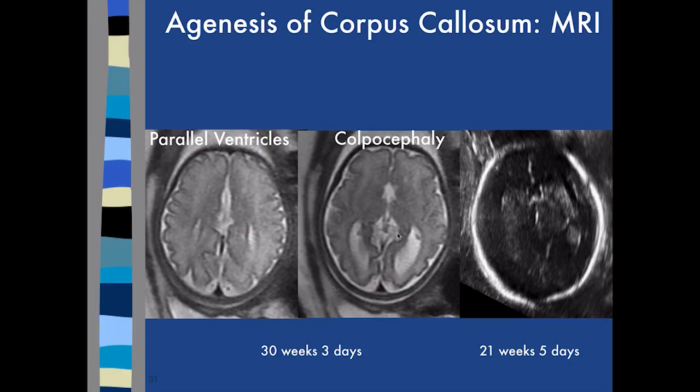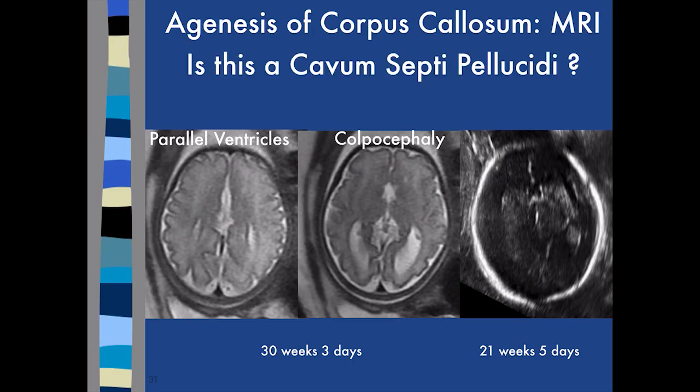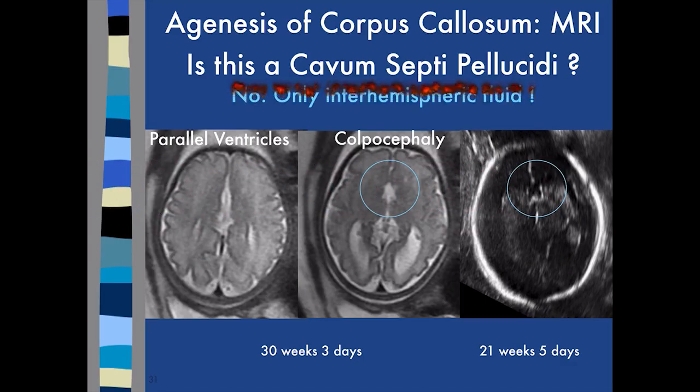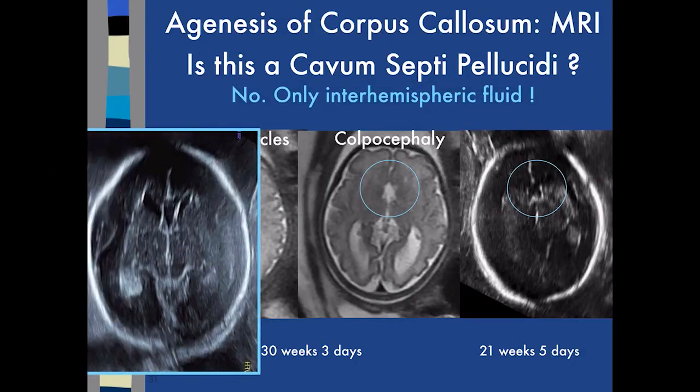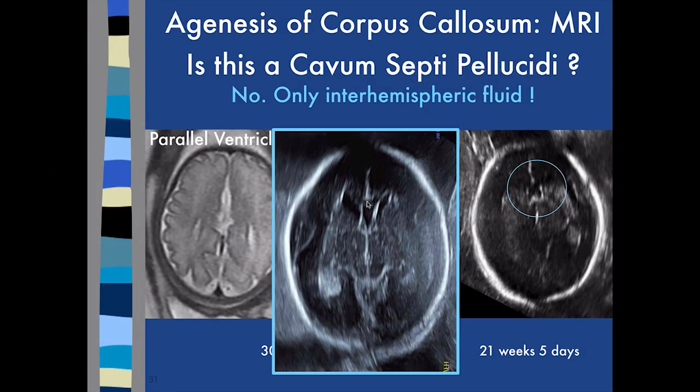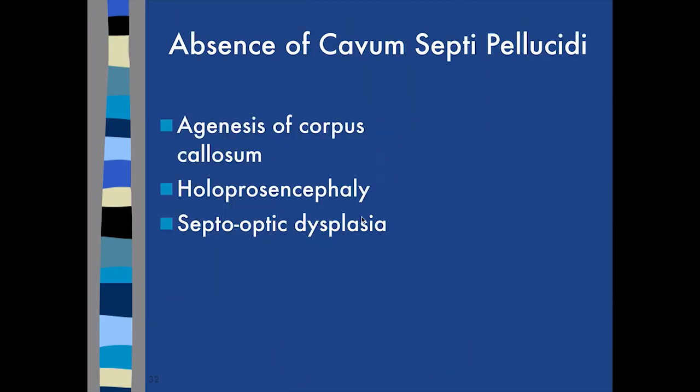By the time she got to 30 weeks, she did have colpocephaly, but she did not have that at her 20-week scan. So this was really just the fluid in between the hemispheres. Here is a normal cavum and normal frontal horns that sit right next to it. So I won't call normal cavum anymore unless I see those frontal horns coming down adjacent to it.